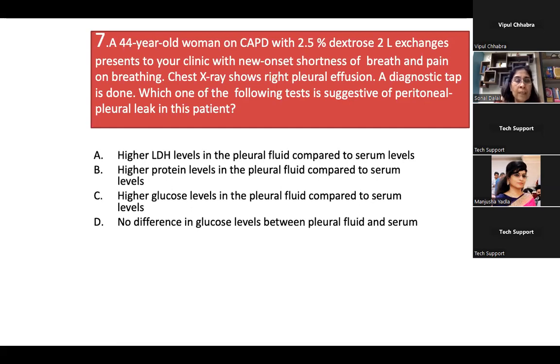Option A, higher LDH level in the pleural fluid compared to the serum. Option B, higher protein levels in the pleural fluid compared to serum. Option C, higher glucose level in the pleural fluid compared to serum.